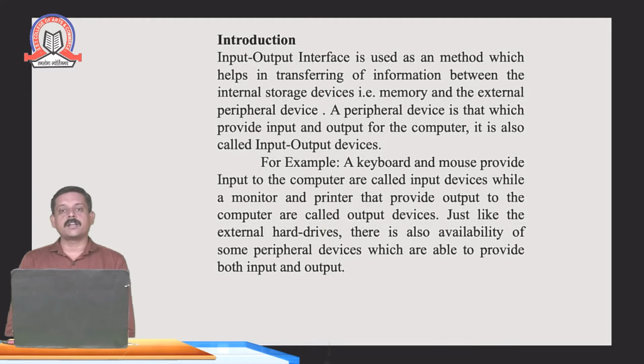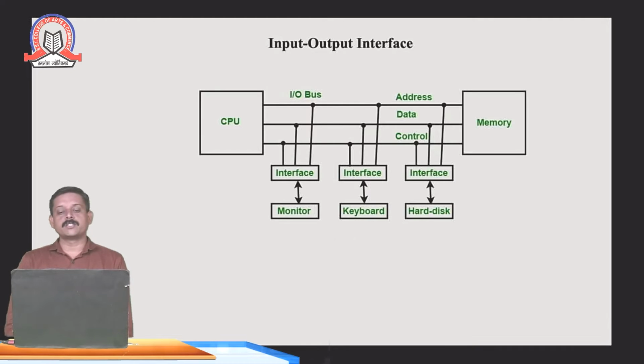Just like external hard drives, there are also some peripheral devices which are able to provide both input as well as output. As you can see, in a microprocessor system there is a CPU and the memory devices. We have access with an address bus, data bus, control bus and IO bus.